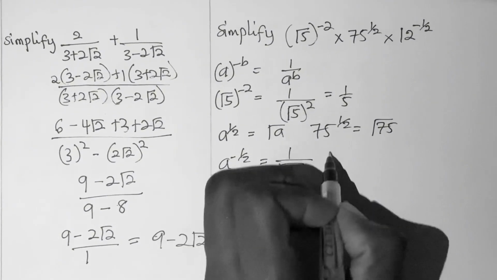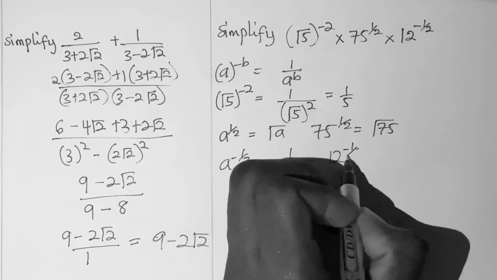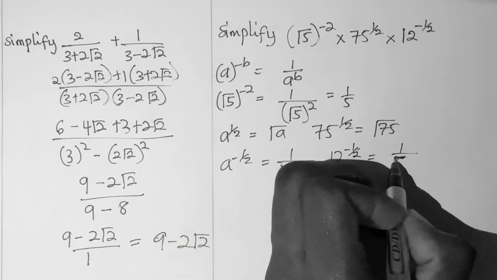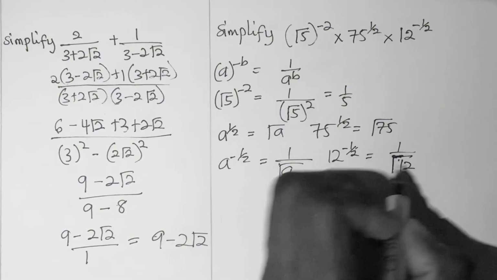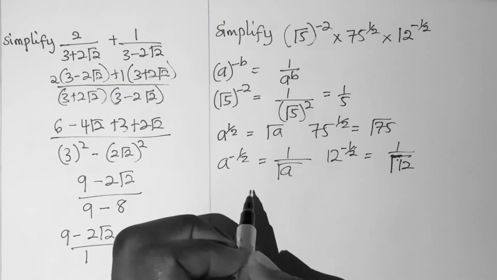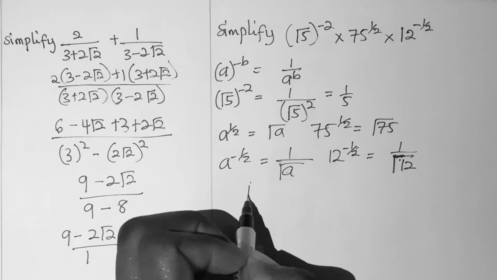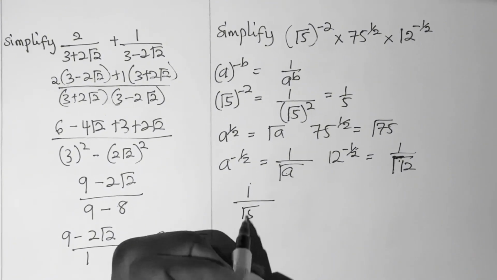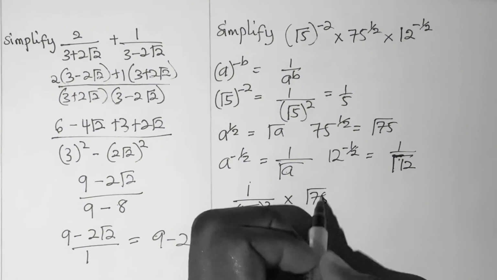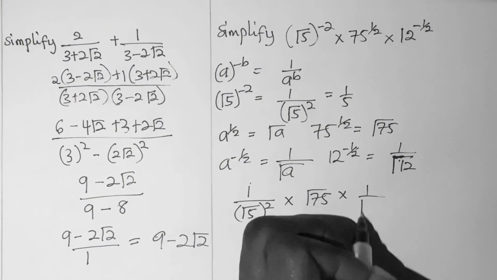And therefore, 12 exponent minus half is equal to 1 over square root of 12. So all of this becomes 1 over square root of 5 squared, then times root 75, then times 1 over square root of 12.